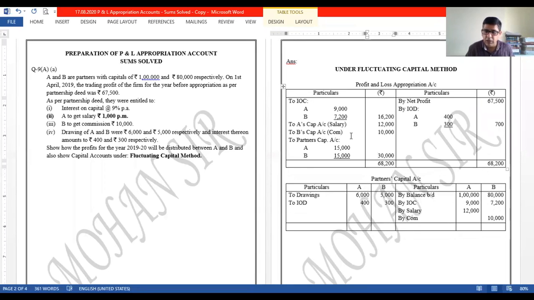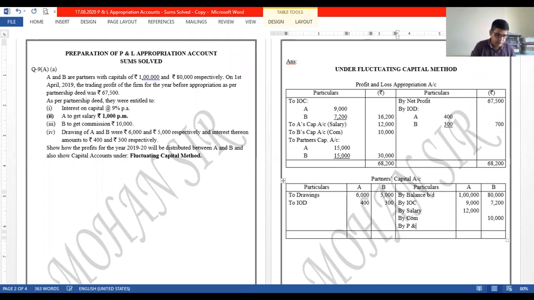Now, being a profit distribution, this needs to come in partners' capital account on the credit side, by profit and loss appropriation account. The amount can be seen as 15,000 for each partner.